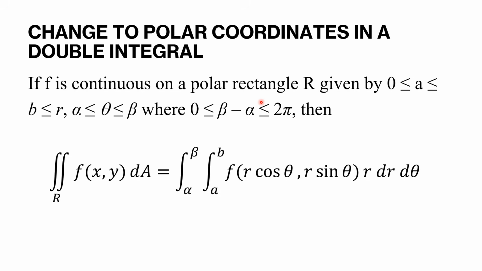This formula tells us that we convert from rectangular to polar coordinates in a double integral by writing x equal to r cosine theta and y equal to r sine theta, using the appropriate limits of integration for r and theta, and replacing dA by r dr d theta.